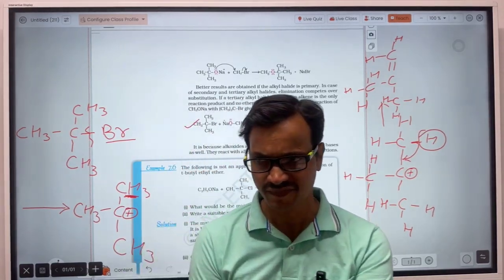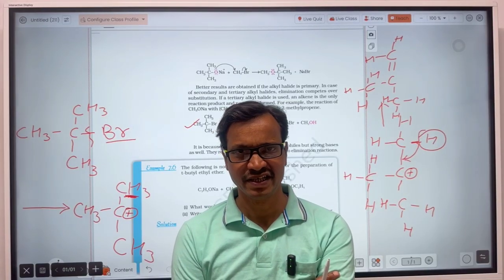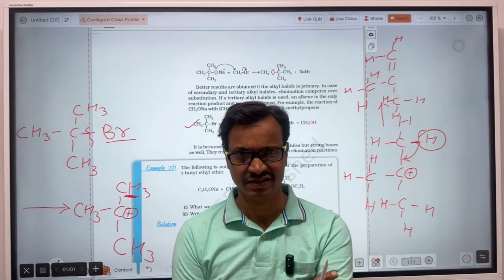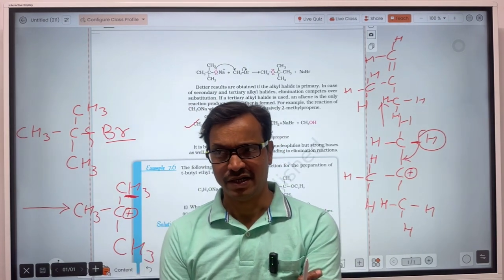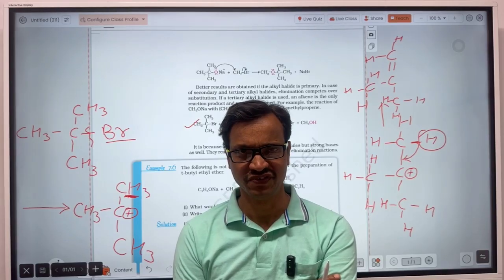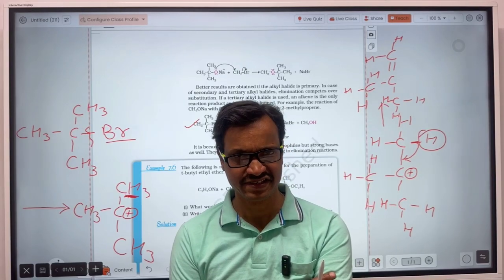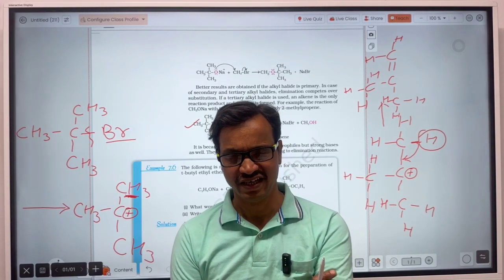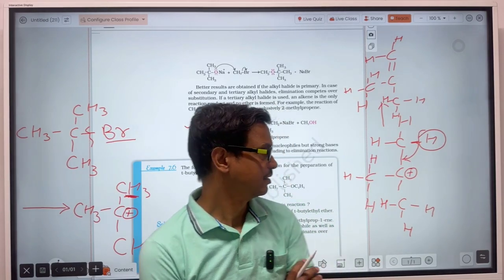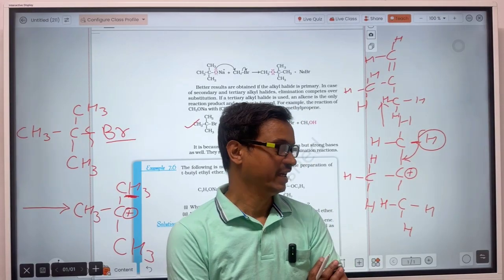So when you have to prepare the ether in which there is a tertiary alkyl group on one side and a primary alkyl group on the other side, then you will have to take the haloalkane of the primary alkyl group and the sodium salt of the tertiary alkoxide, instead of the tertiary haloalkane and the sodium salt of the primary alkoxide, because the tertiary haloalkane will dissociate to form alkene.